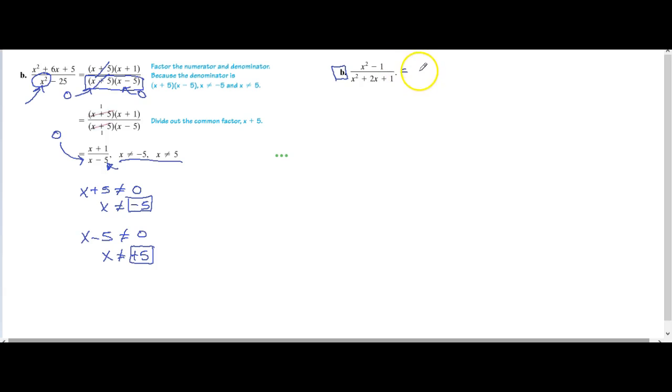So x squared minus 1, if I were to factor that out, I would get x plus 1 and x minus 1. And then to factor out the bottom, I'm going to get x plus 1 and x plus 1. And then these cancel out, so I'll have x minus 1 on the top and x plus 1 on the bottom.